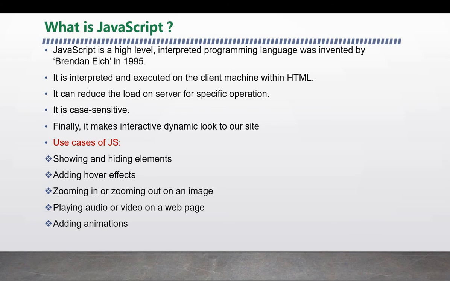So when you do something related to that specific business logic, your request doesn't need to go to the server. The JavaScript can do that particular operation by itself, because you can write that logic inside the JavaScript language.